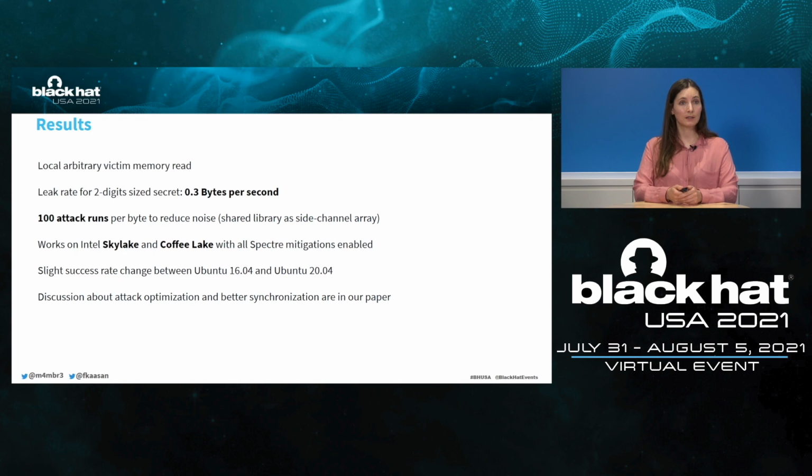To increase the attack success and reduce the noise, further work would be needed on the ROP chain optimization side, attacker and victim synchronization, and less noisy side channel arrays. For the next part, mitigations and future work, I'll leave Andrea to continue.